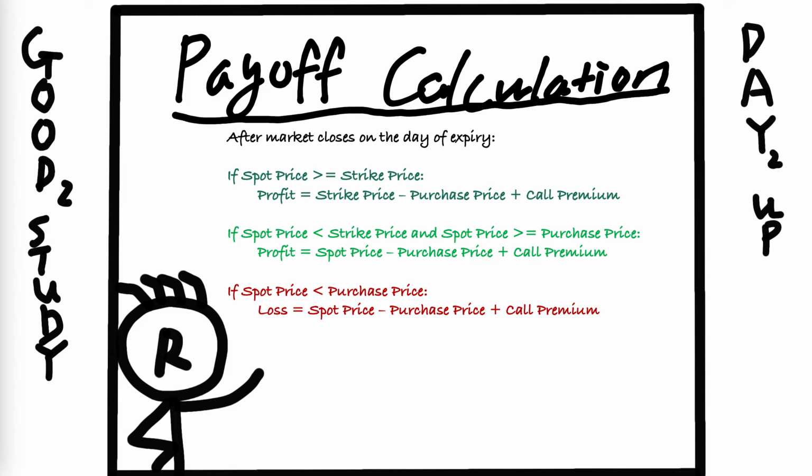Second, if spot price is less than strike price, and spot price is greater or equal to purchase price, your profit will be spot price minus purchase price plus call premium. Thirdly, if spot price is less than purchase price, your profit or loss will be spot price minus purchase price plus call premium.